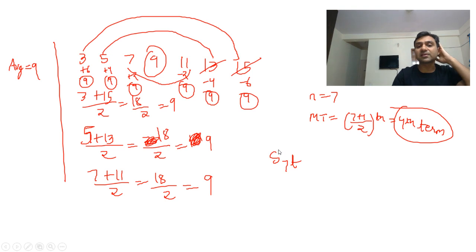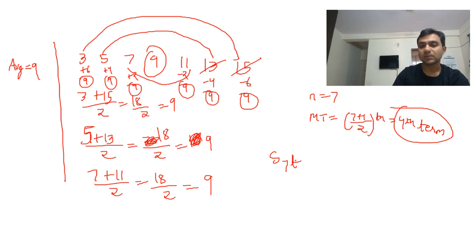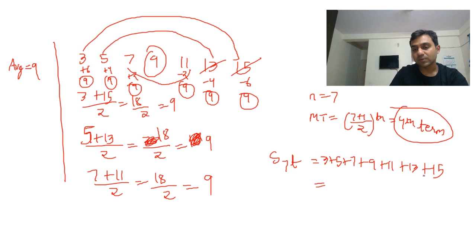Yeah, let's find the sum of these 7 terms. It is 3 plus 5 plus 7 plus 9 plus 11 plus 13 plus 15. Please do it.